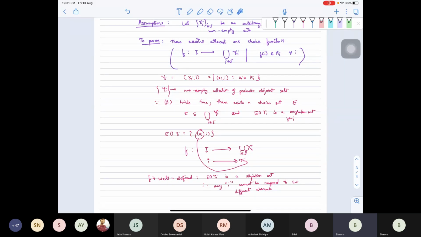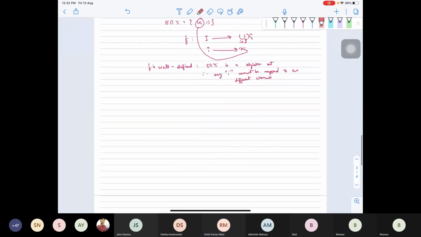So I am just choosing a choice set. A choice set means I am going with one particular fixed choice set. This Xi can be any of the i, but now I have fixed this one. This is one fixed choice. Anything else?